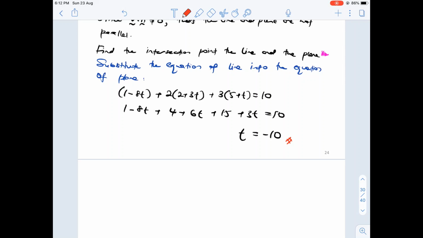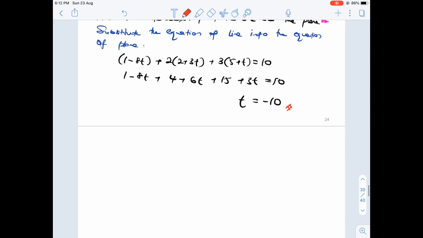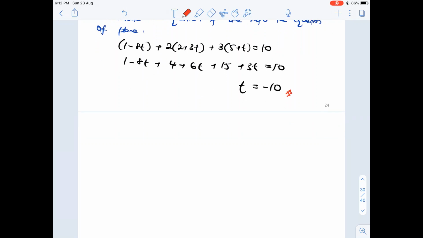Now we need to resubstitute the value of t into the parametric equations of the line. So we have x equals 1 minus 8t. So t is negative 10, then we have negative 8 times negative 10, which gives 81.